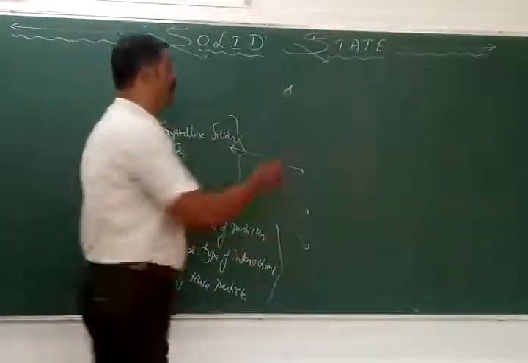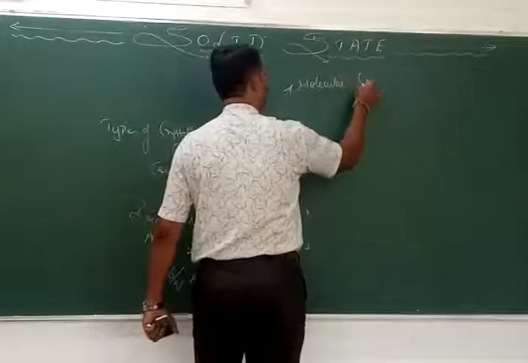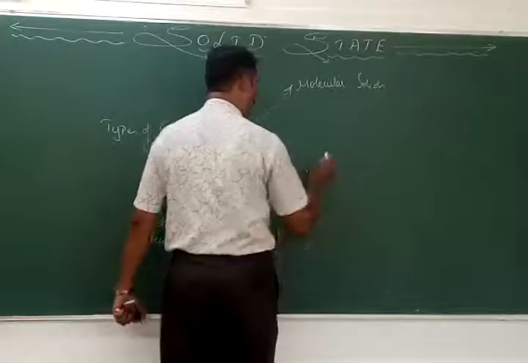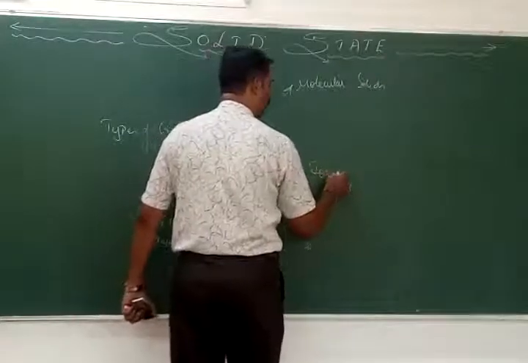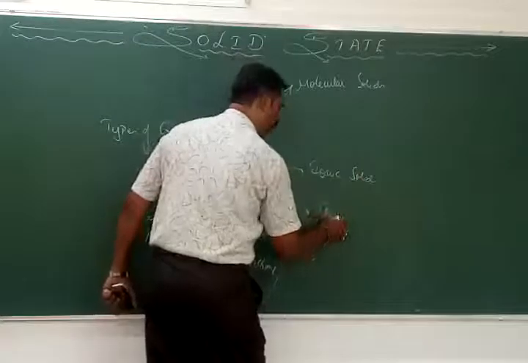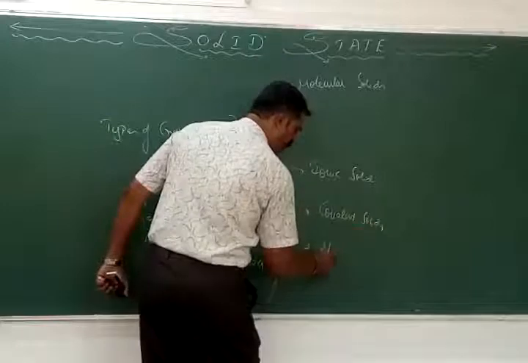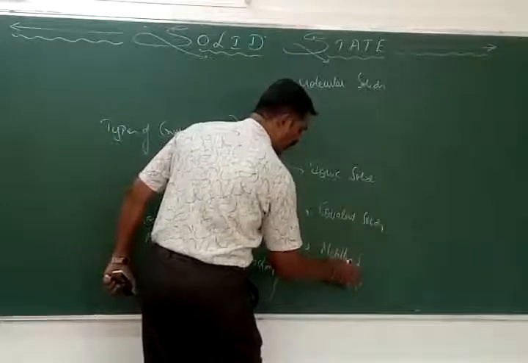What are those? The molecular solids, or molecular crystals. Then we have the ionic crystals, then the covalent solids, and finally the metallic solids.